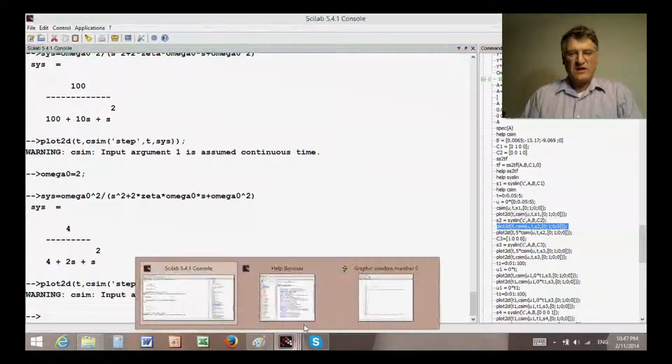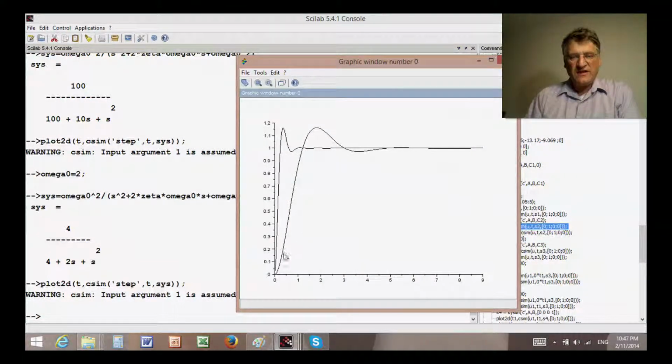As we call upon this, here's what happens. You see, the time it takes for the response to evolve is shorter because we have not as high oscillation. However, the shape of the response is the same up to a scaling in time.